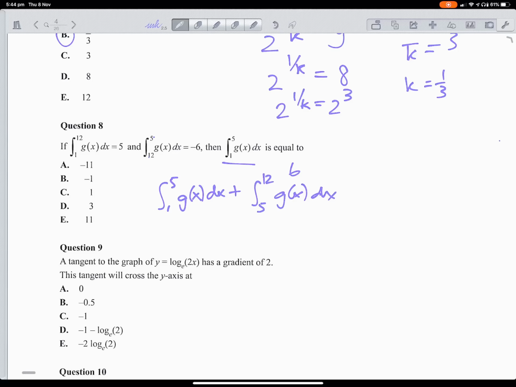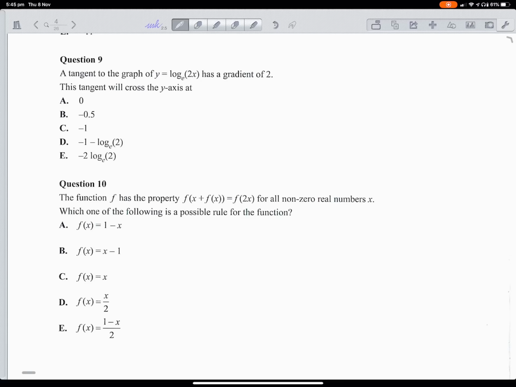And then here, I did is equal to 1 to 12, g of x dx. So in this case, we want to find 1 to 5, and then 5 to 12 is equal to that. So we get that is equal to, because that was equal to 5, that, when I change them around, that would have been positive 6, so this is going to be negative 1.